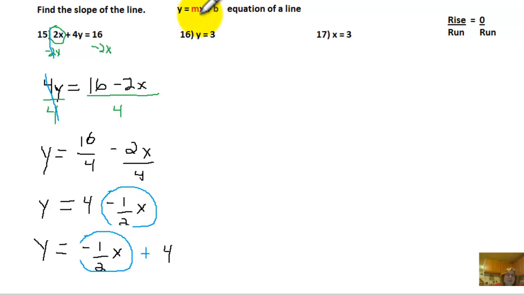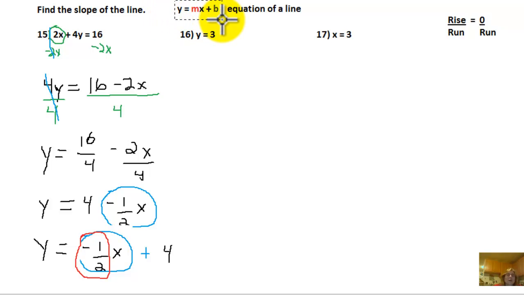So now we have an equation, y equals mx plus b, and here it is. The negative 1/2 is the m, or the slope, and the 4 is the y-intercept, or the b. So by rearranging, we have found our answer. It's asking for the slope of the line. And here it is, negative 1/2, because it fits into our equation, y equals mx plus b.